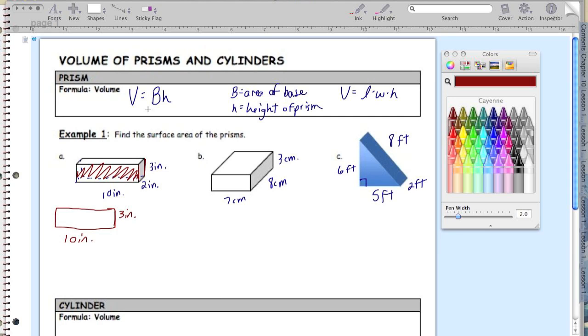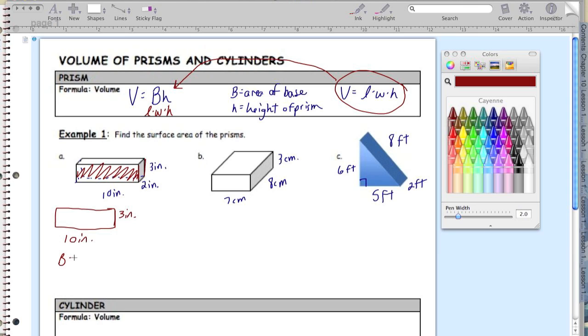Now, this is what I'm doing for capital B, correct? Capital B is the area of my base. So the area is length times width. So that's where the length times width comes in. And then we just have height. So hopefully you can see the connection between rectangular prisms and the formula for all prisms.